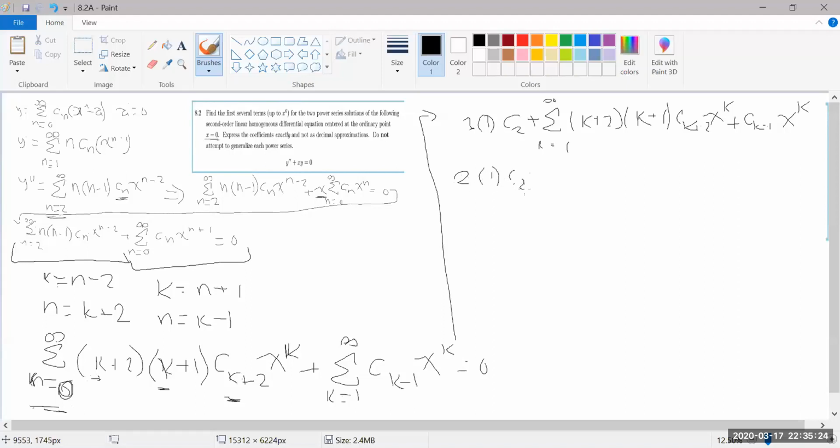We'll just rewrite it. c2 plus the summation starting at k equals 1 to infinity of k plus 2, k plus 1, c sub k plus 2, I'm so sorry, this is so messy, I'm really putting in effort, and then plus c sub k minus 1 times x to the k, and this is all equal to 0 still.